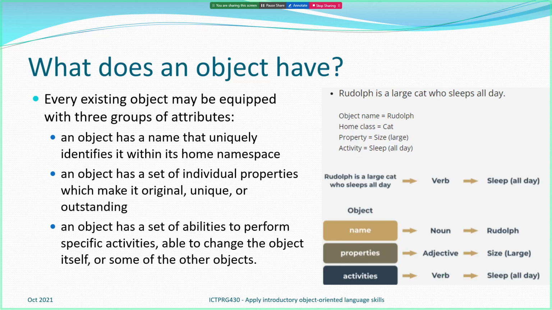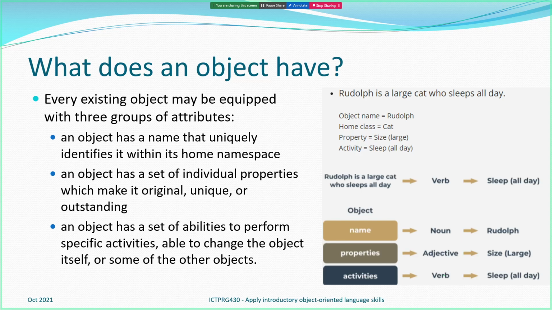It has to have its properties that are unique to that object, and maybe it does some activities that are unique to that object. The example they give in the material is Rudolph's a large cat who sleeps all day.